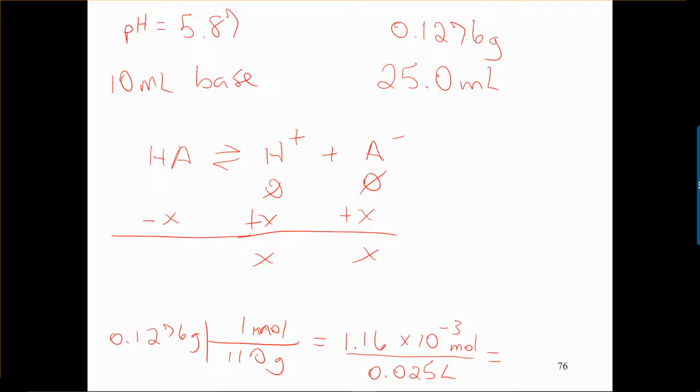If you make that connection, you could go back to it. Okay, that's right. So now we're going to take the moles divided by the liters. Okay, we had 25 milliliters, so 0.025 liters. What's the molarity here? 0.0464. 0.0464.